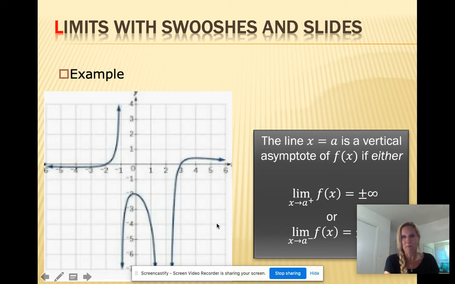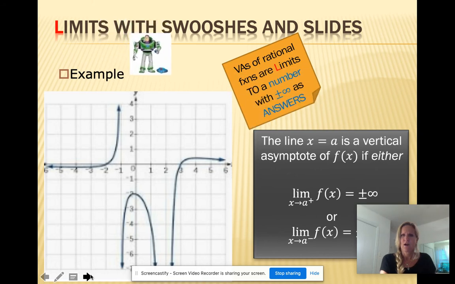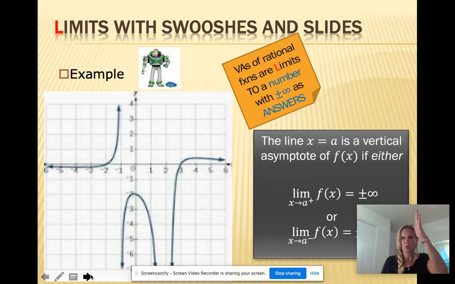You don't have to memorize that definition, but you need to conceptually understand it. Vertical asymptotes of rational functions are limits to a number with a positive or negative infinity as an answer. Okay, so vertical asymptotes on rational functions mean swoosh, swoosh, or swoosh whoosh.